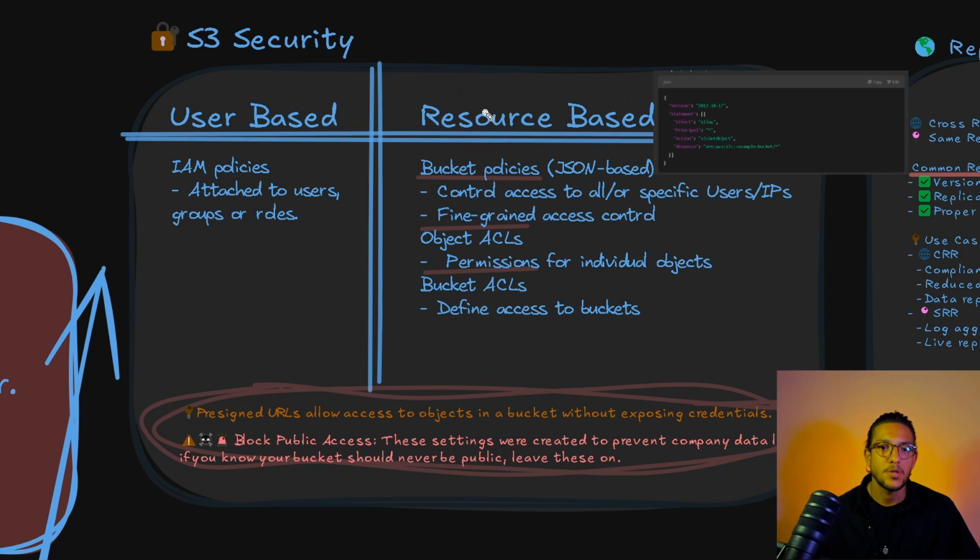First, encryption options are essential knowledge. S3 offers server-side encryption S3, managed by Amazon, SSE-KMS, using AWS Key Management Service, and SSE-C, using your own keys. Client-side encryption is also an option for sensitive data.